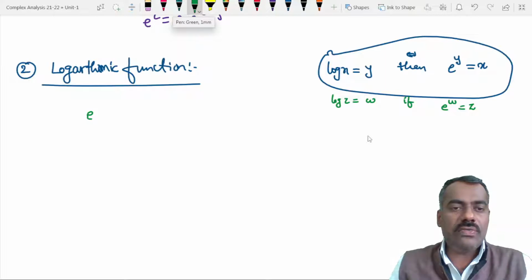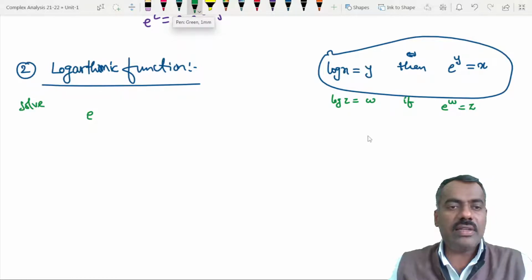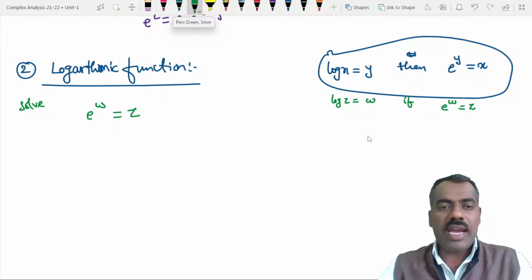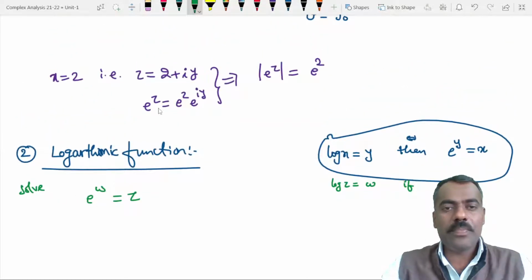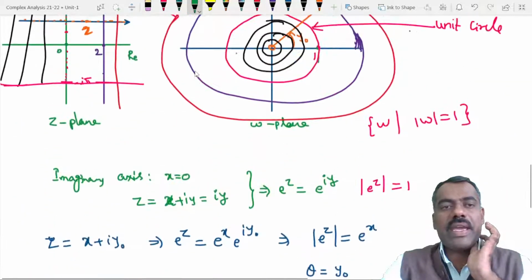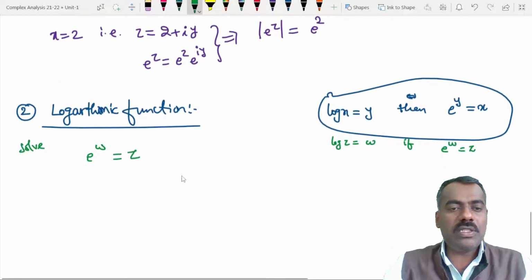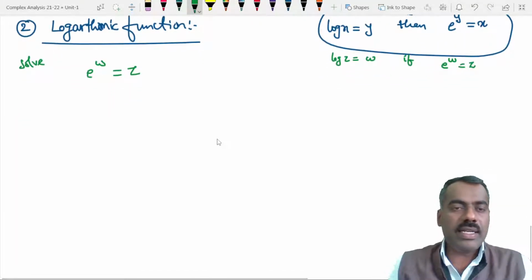Given z, we want to find w such that e power w is equal to z, and that makes sense because we have already seen what is meant by the exponential function. So how can you do it here?